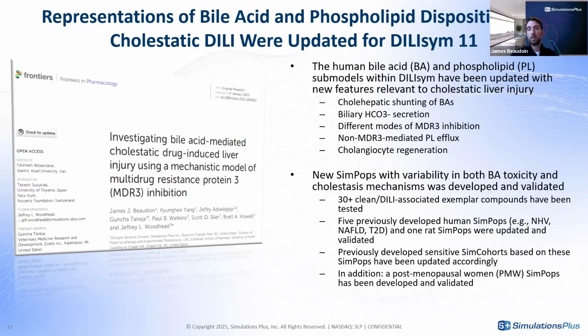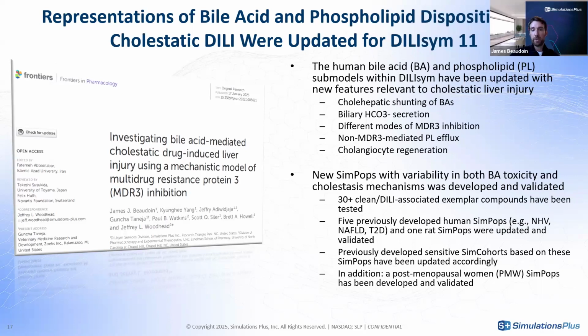So we've had to recalibrate the previous normal healthy volunteer SimPops, tested it with more than 30 clean and DILI-associated exemplar compounds that have some bile acid transporter inhibition role.